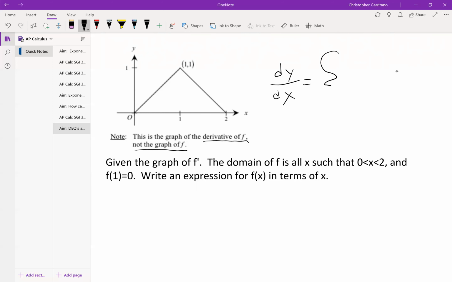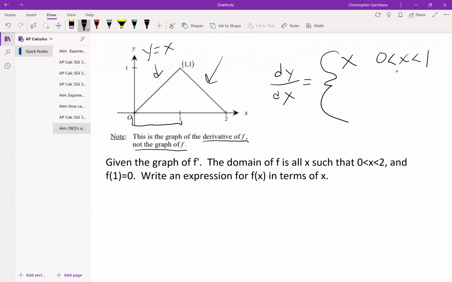And this is actually, our derivative is going to be written as a piecewise function. From 0 to 1, this is the line y equals x. So I will say that dy dx is equal to x for x equals 0 to 1.